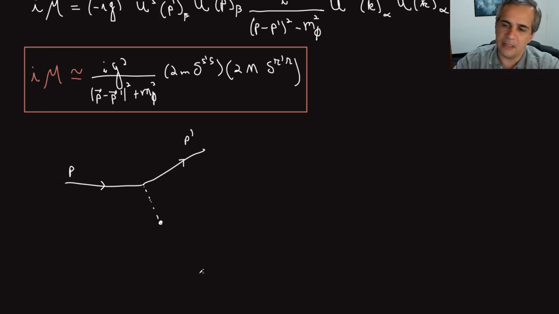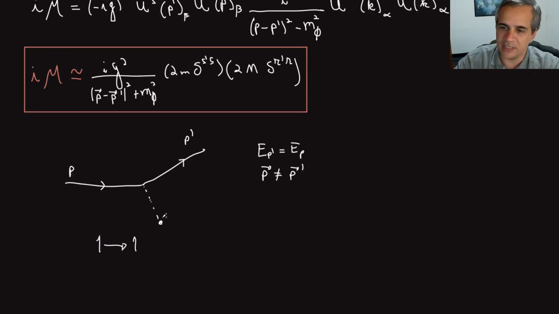And since I don't want to care about the dynamics of this guy, I will assume that the momentum transfer is small compared to the momentum of this guy, and then I can forget about it. In practice, that implies that the energy is conserved, so the modulus of the momentum is conserved, but the three-momentum changes, right? Now I'm thinking of a one-to-one scattering.